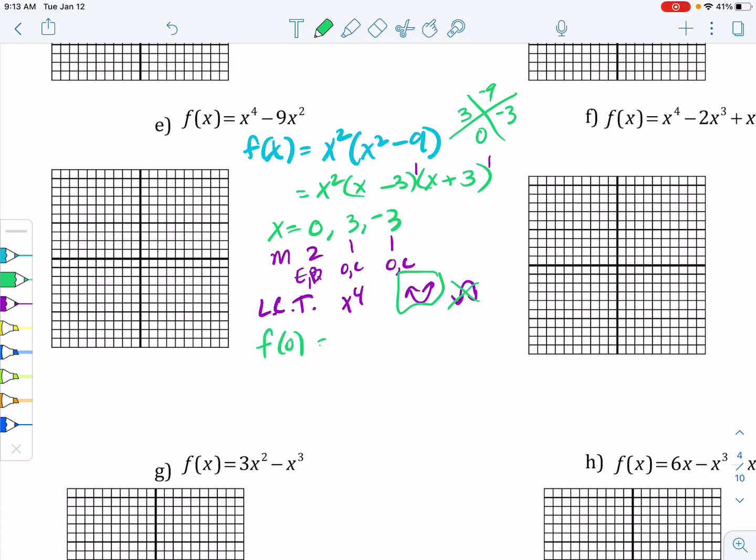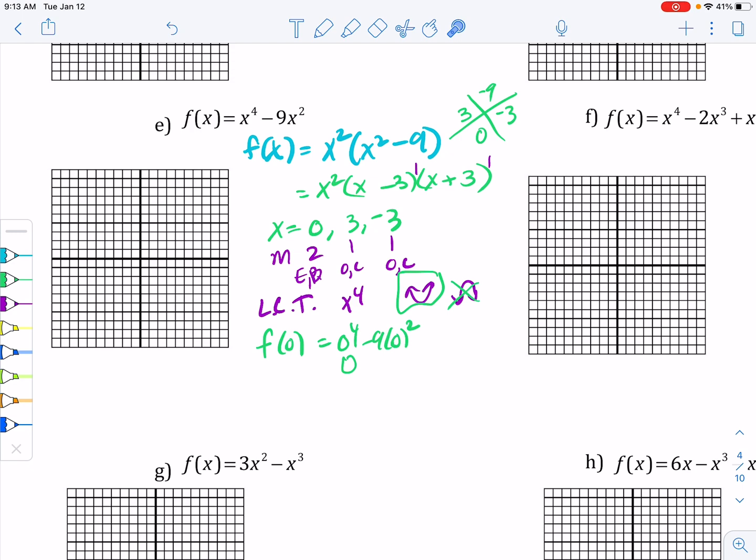So if I have f of 0, if I plug that in, you can plug it into either one of them. I think it's easiest for the y-intercept to be plugged in here. Notice when I plug in 0 to the fourth minus 9 times 0 squared, all of these go to 0. Now, anytime you get an x-intercept of 0, you should be anticipating a y-intercept of 0. That's because they're at the same spot.